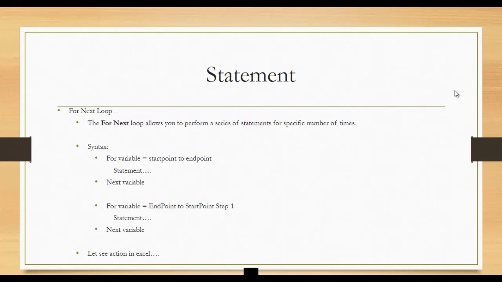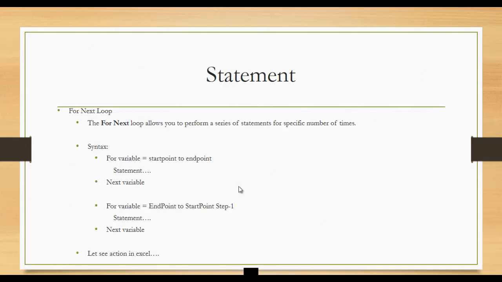A positive number will increment by that number, and a negative number will decrease by that number. So if I write Step -1, it will decrease my number by 1, or if I write Step -5, it will decrease my number by 5.